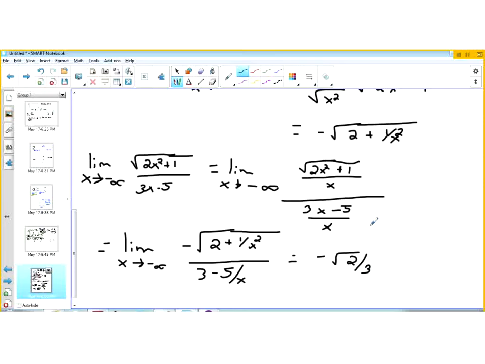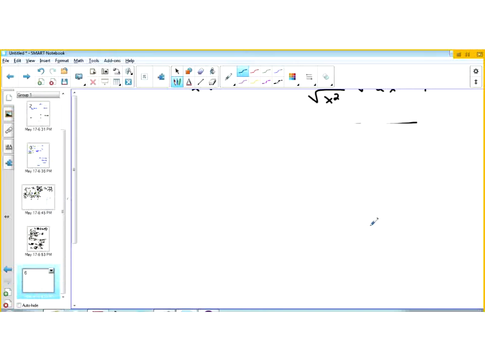Okay, now let's continue on. So this function obviously has vertical asymptotes.